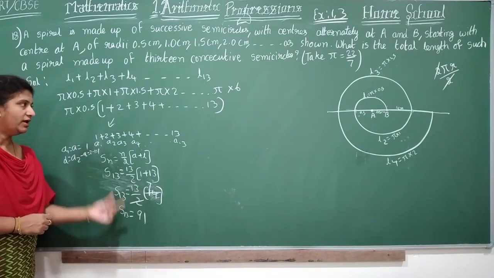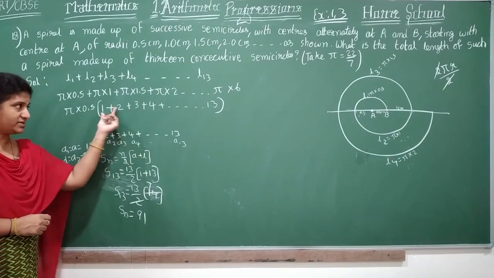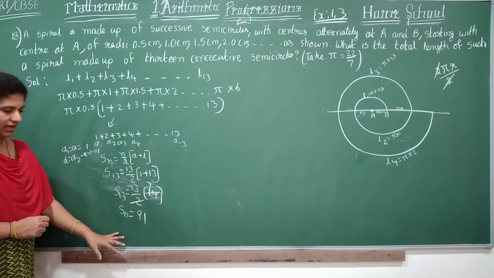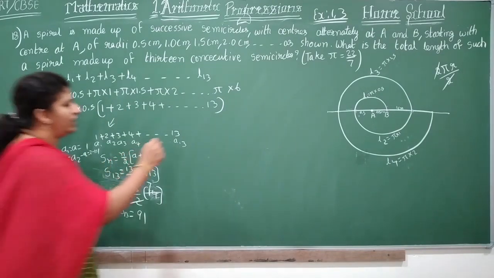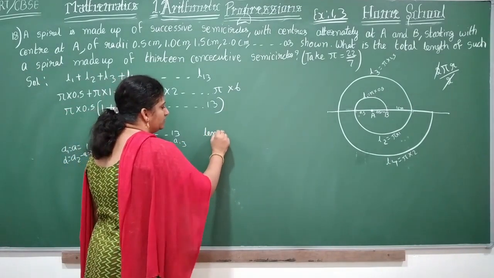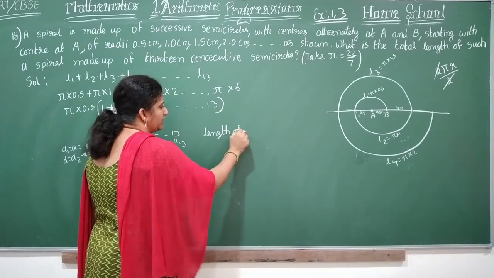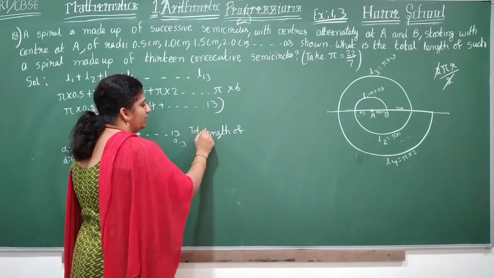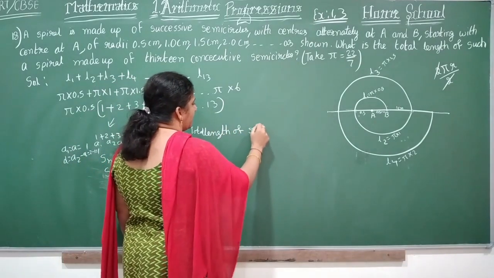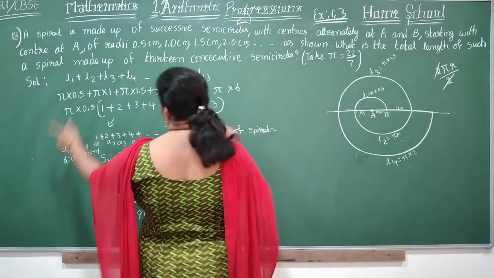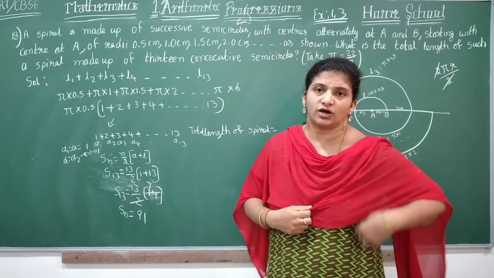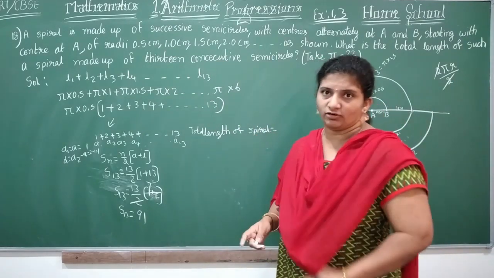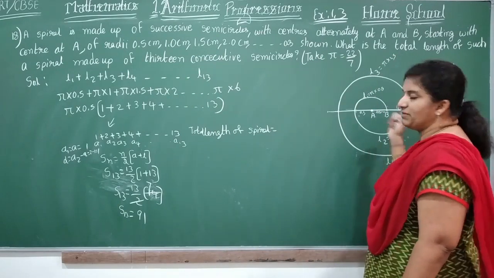So sum of 13 numbers here inside only this we have calculated, but still we need to find here the total length of spiral, which is L1 plus L2 so on up to L13. It is the total length of the spiral semicircles.